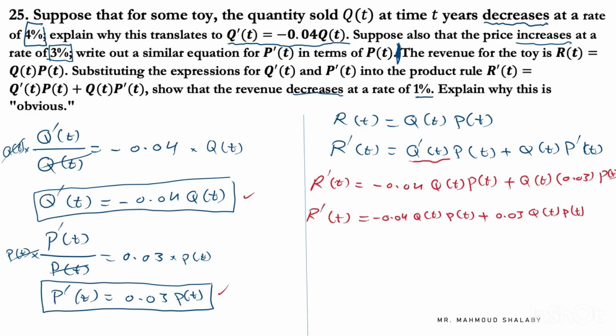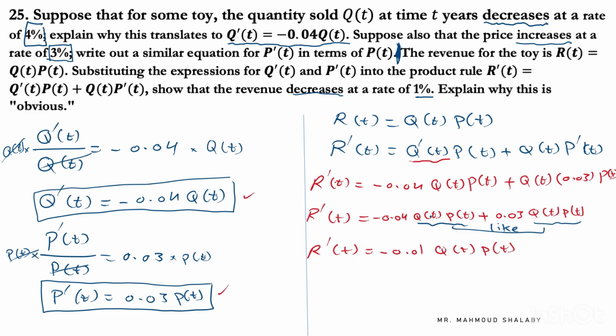Now you will notice that these are like terms, which means I can combine. So I will write R prime of t equals negative 0.04 plus 0.03, which means negative 0.01, and again Q of t P of t.